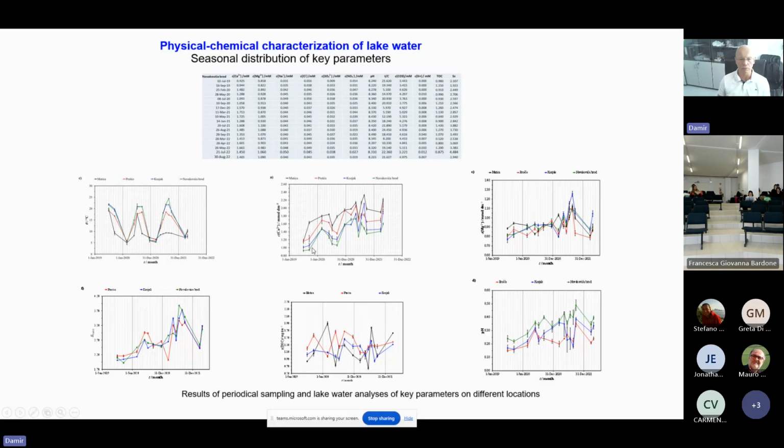There is a trend also for calcium. The maximum calcium concentration was observed during the coldest period. A similar observation was found for the supersaturation, and pH had the reverse trend.